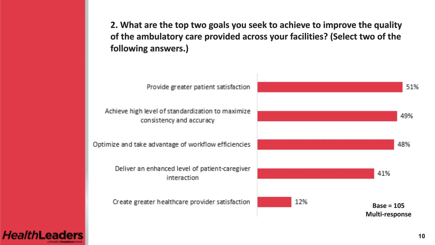So we have top item at 51%, achieve high level of standardization to maximize consistency and accuracy at 49%, optimize and take advantage of workflow efficiencies at 48%. So respondents in the survey are focusing on many of the same things, and it's kind of a broad brushstroke approach.